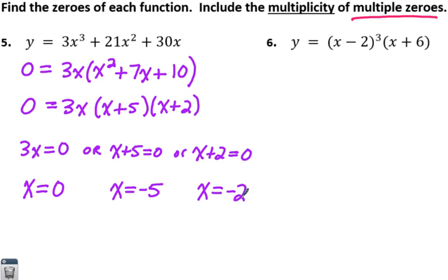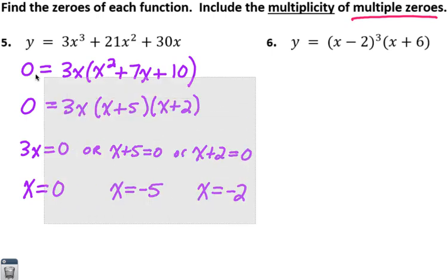So I get 3 different zeros, and you could say they all have a multiplicity of 1, because I had one instance of this 0, one instance of this 0, and one instance of this 0. But you don't have to write any of that. So the 3 zeros are right there.